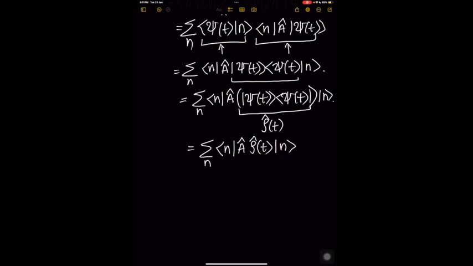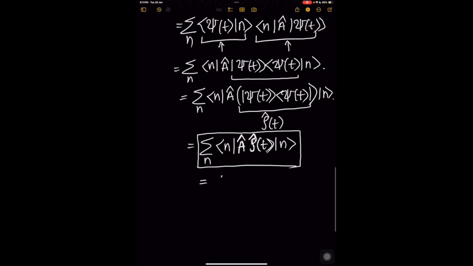So what is this? Mathematically, this is the trace of the product of A hat with rho hat t. So you take the product of the observable A hat with rho hat t and then sum along all its diagonal elements. So this is trace of A hat times rho hat t.